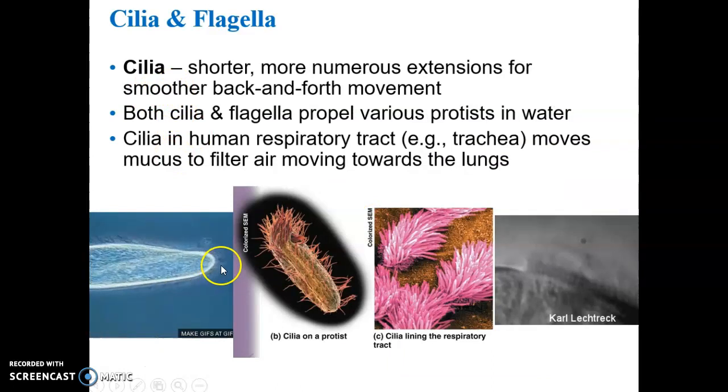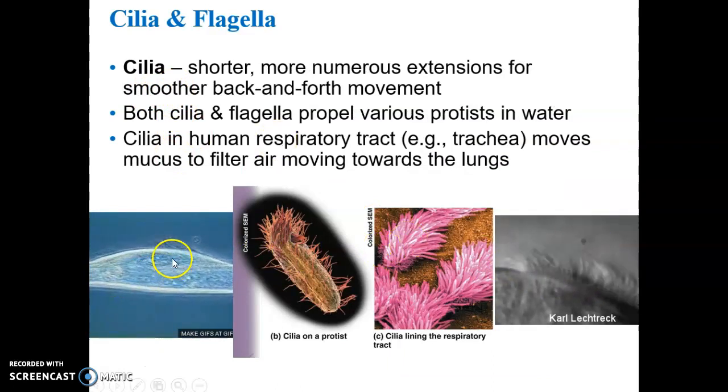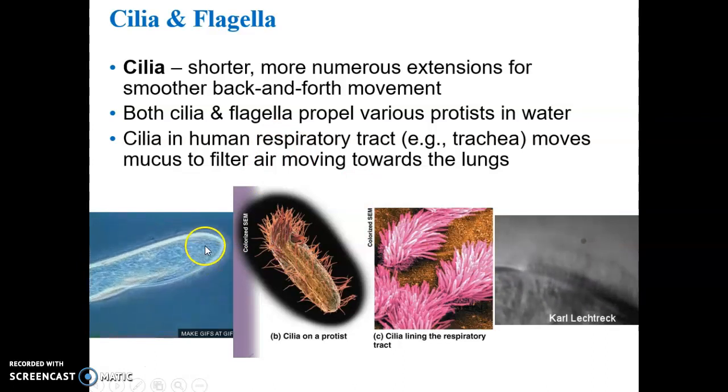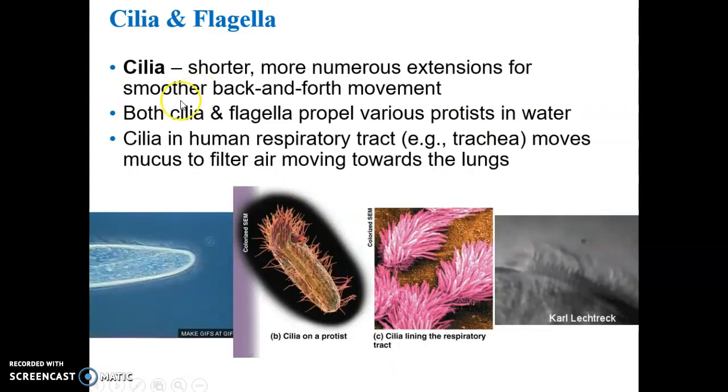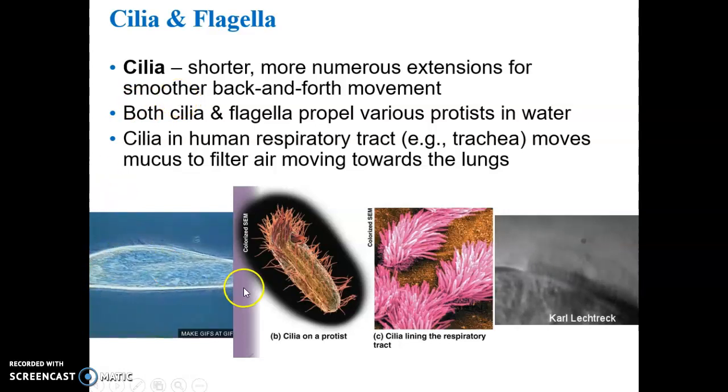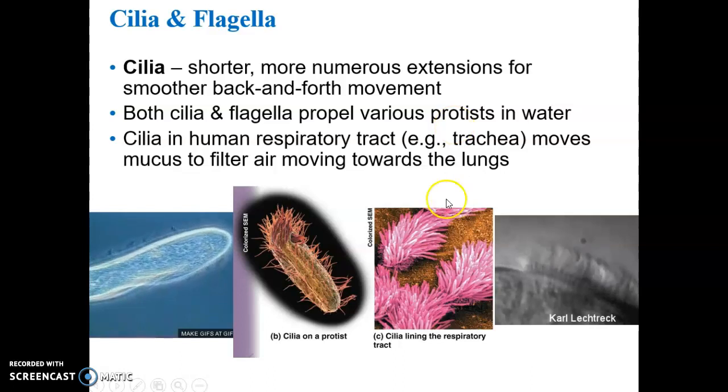Cilia are much shorter and much more numerous, and they move by, again, action of the cytoskeleton that extends into the cilia, just like the cytoskeleton extends into the flagella. So they allow for relatively smooth movement of the cells. So cilia and flagella allow for movement, especially of protists.